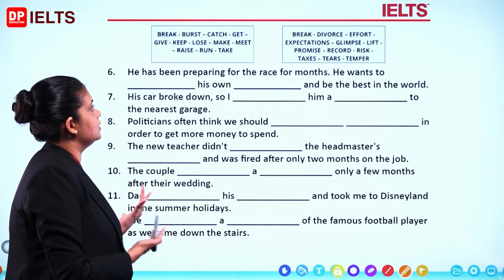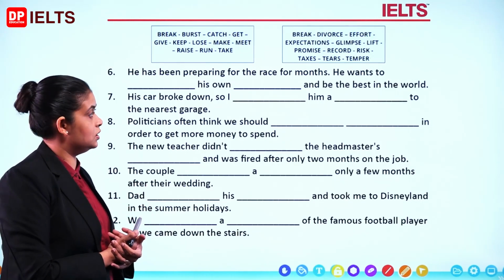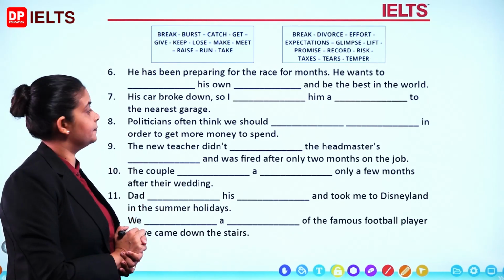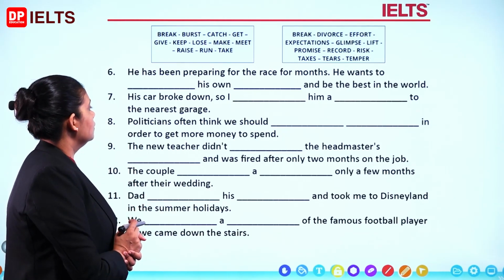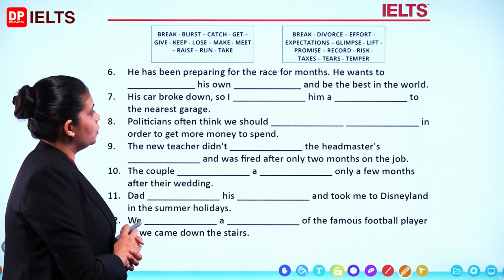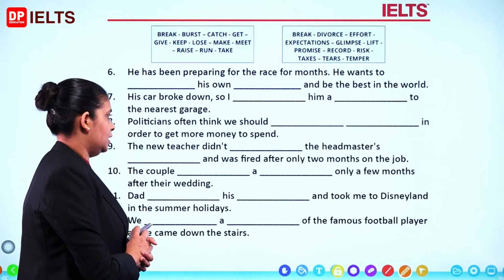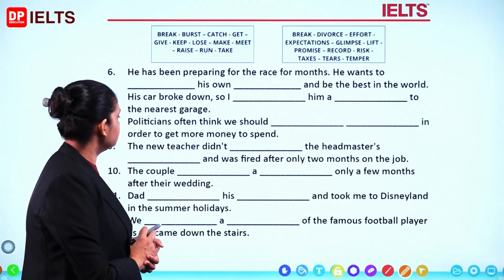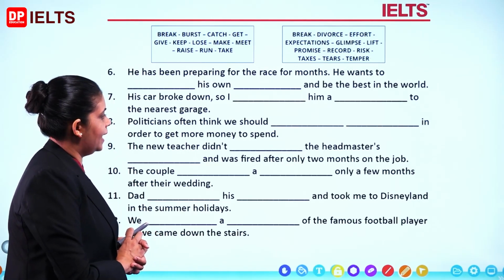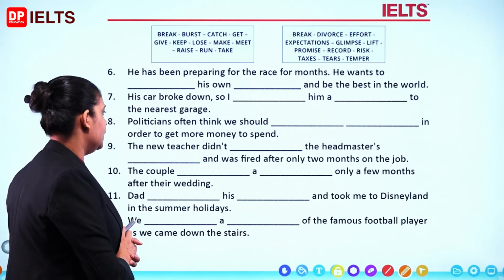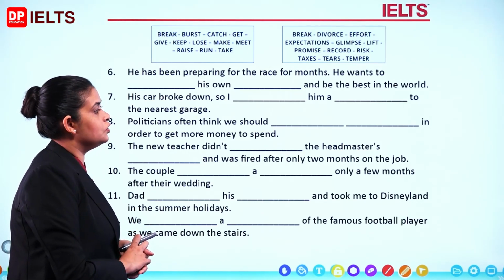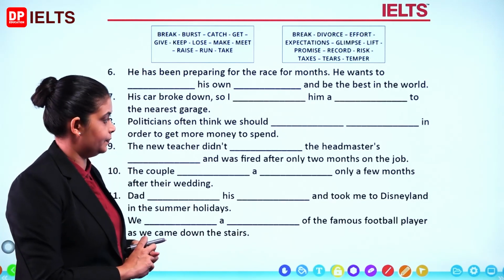You have to use the correct tense, okay, and think about it before you complete the gaps. Politicians often think we should blank blank in order to get more money to spend. The new teacher didn't blank the headmaster's blank and was fired only 2 months on the job.